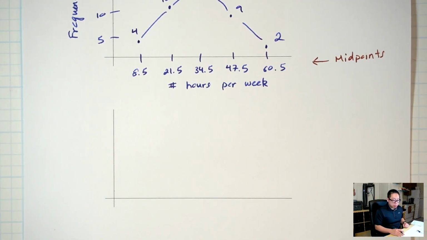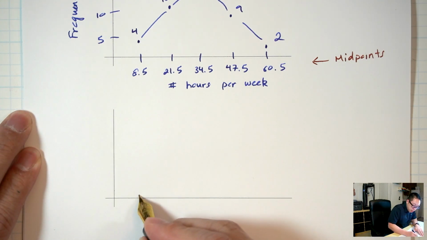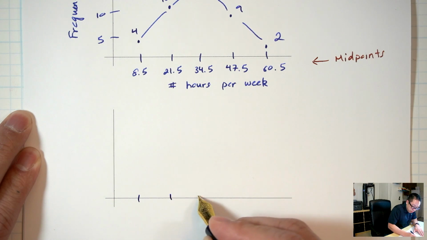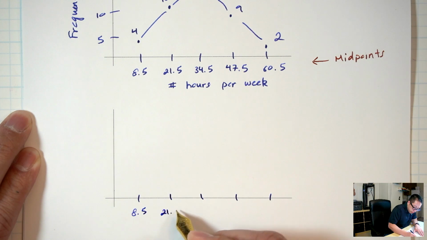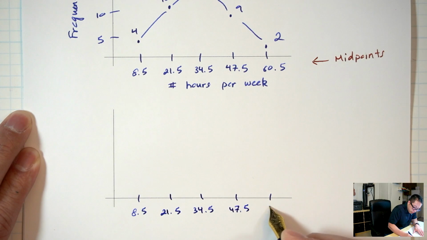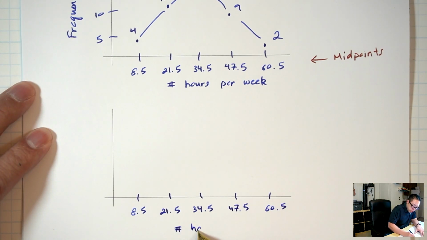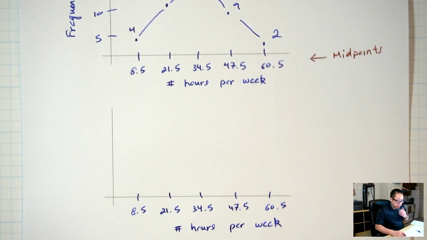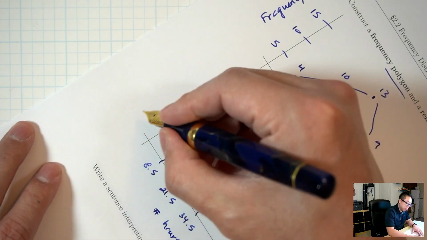A relative frequency polygon, same thing. On the bottom, we're going to put the midpoints, so exactly the same as above. And these x-axis numbers, our data represents number of hours per week. Okay, and then for a relative frequency polygon, we're going to put the relative frequencies on the y-axis.